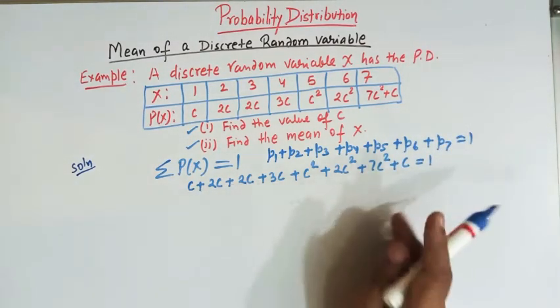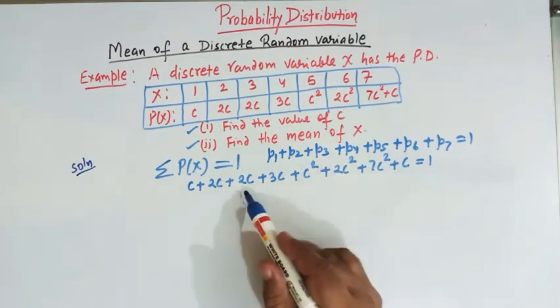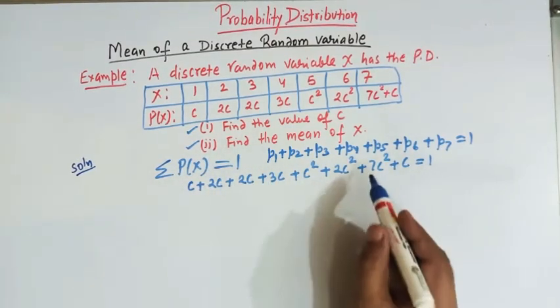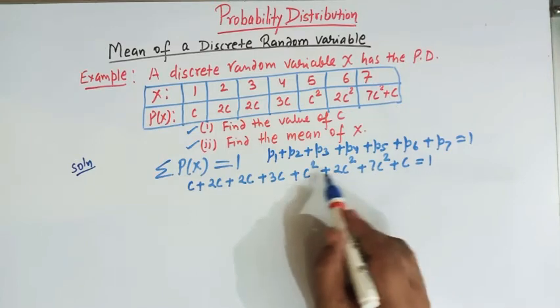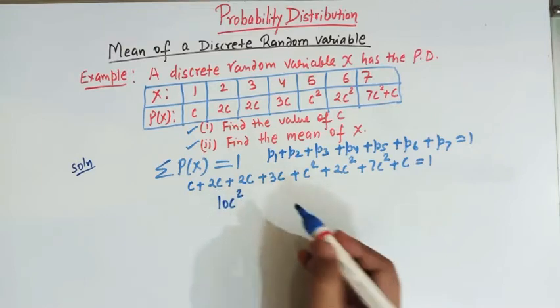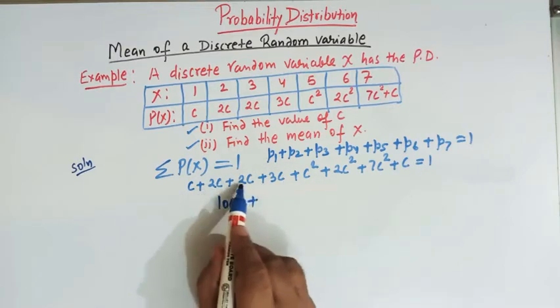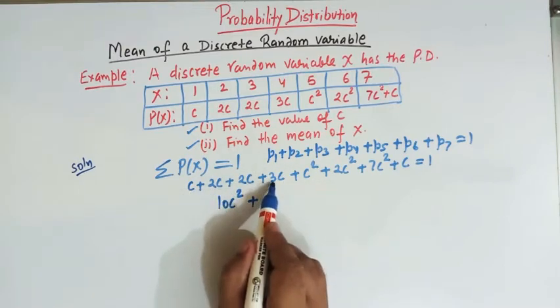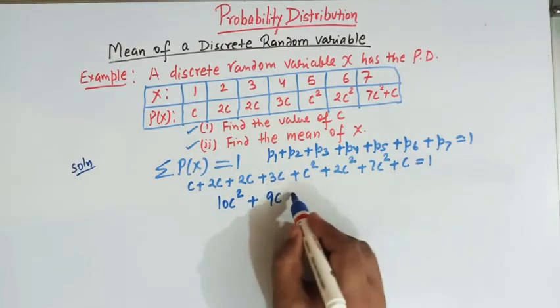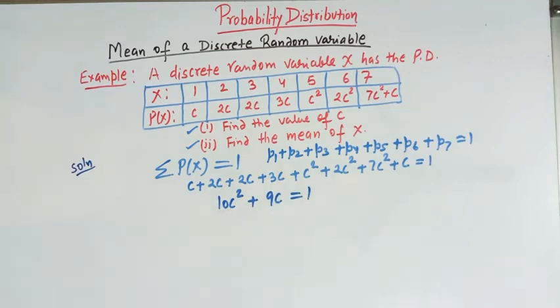Okay, now here we have an algebraic expression. We can simplify it, and 7 plus 2 is 9 plus 1, that is 10c square, and then we have 2 plus 2 is 4 plus 1 is 5 plus 3 is 8, and then we have 9c equal to 1, right?